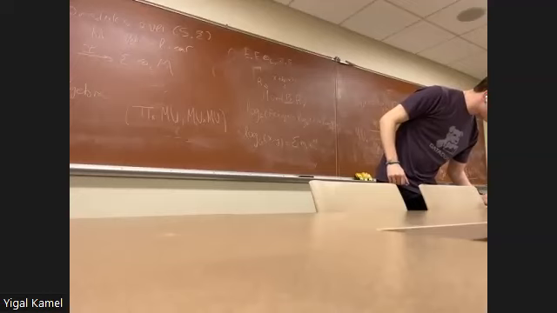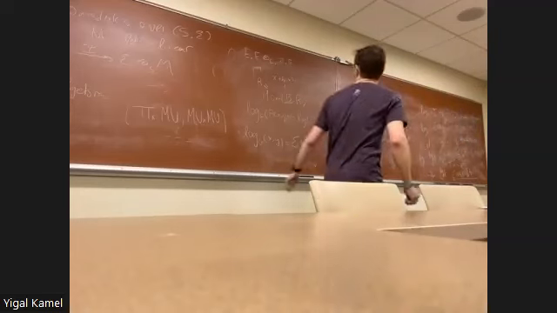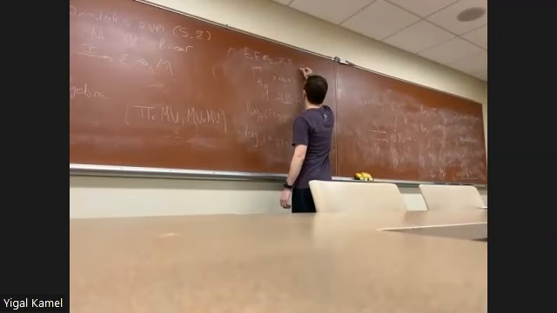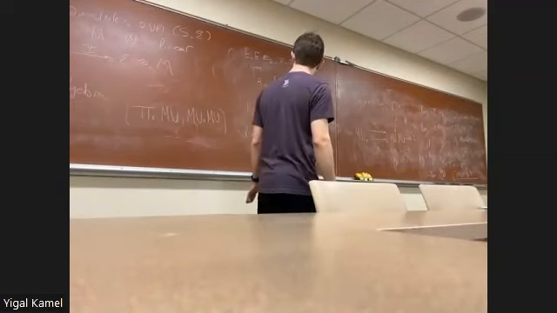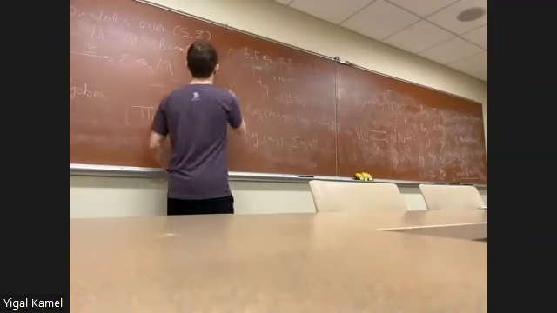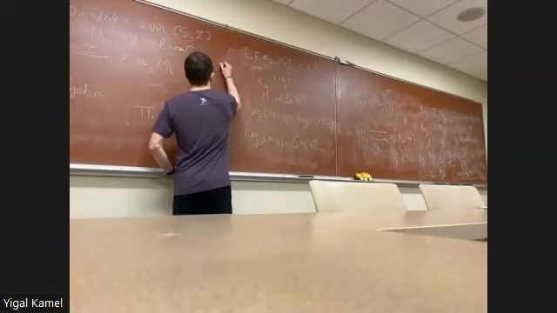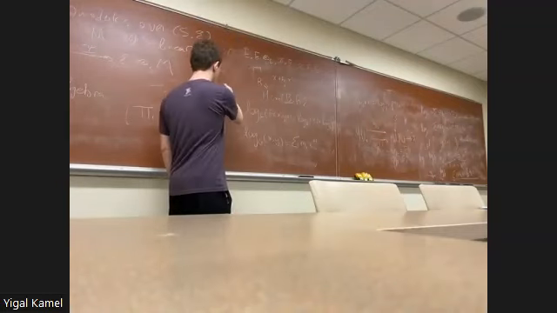Where is it? Somewhere in here, I know. As a property, if I remember correctly, it's saying that some modules over pi star E are flat. I'm pretty sure it's saying something along this line. But this sort of module is a flat module.